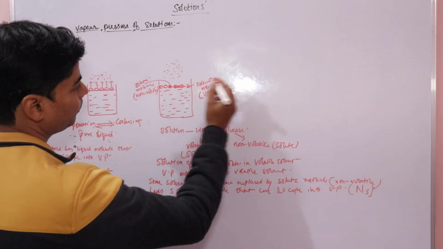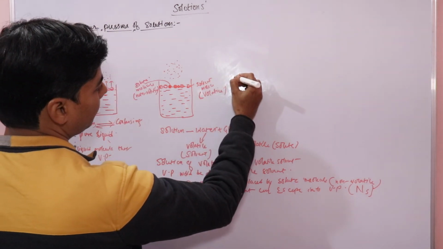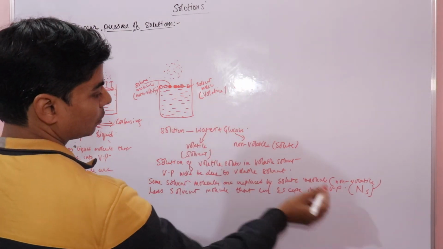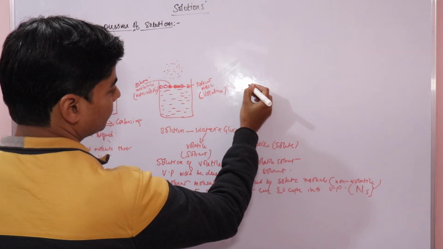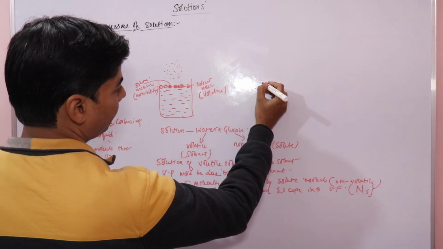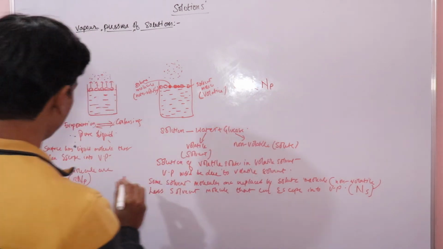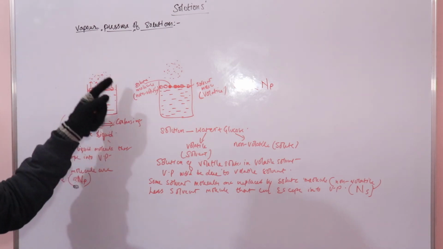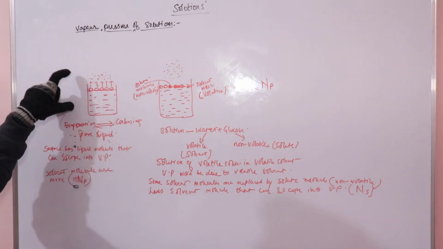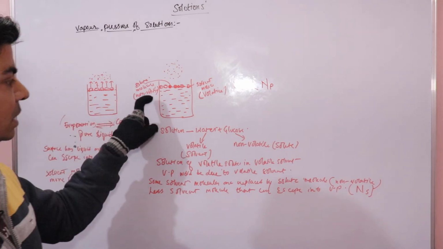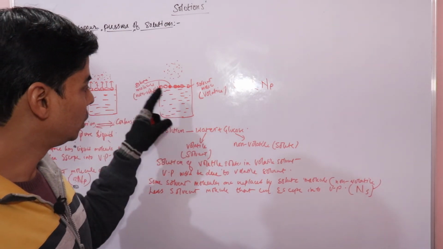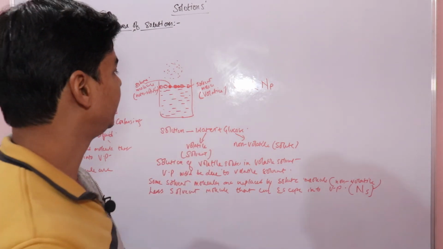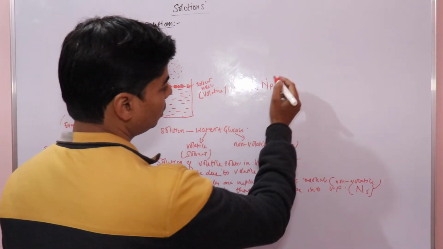So here in solution the number of molecules of solvent is less than the number of molecules in pure state. We have more volatile solvent molecules in pure solvent and less volatile solvent molecules in case of solution. Why? Because some of the solvent molecules have been replaced by solute molecules.